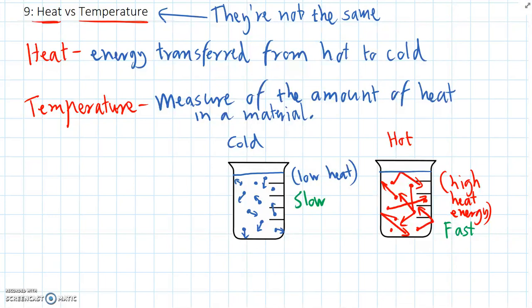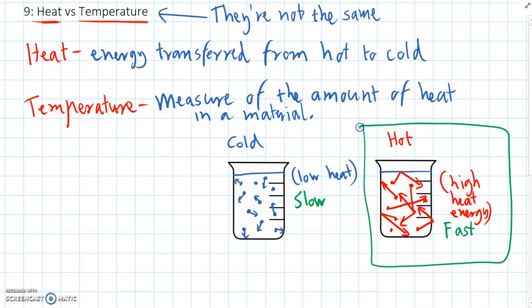But the problem that scientists have discovered is that it's actually impossible to measure heat in a material, because heat only really exists when it transfers from a hot object to a cold object. If we have something hot, like a beaker of hot water, we can't really measure how much heat is in there.